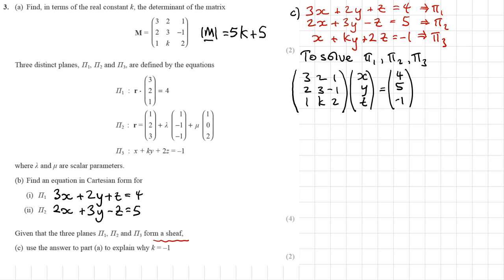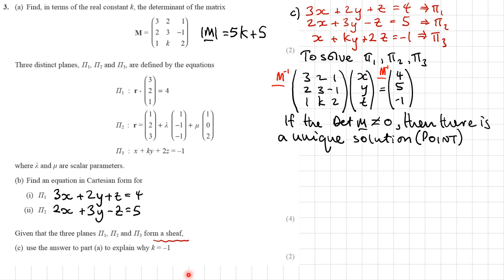So now I've written this system of equations, the solutions to these, in matrix form. Now I know if I was going to solve this, I would multiply each side on the left hand side by the inverse of M.